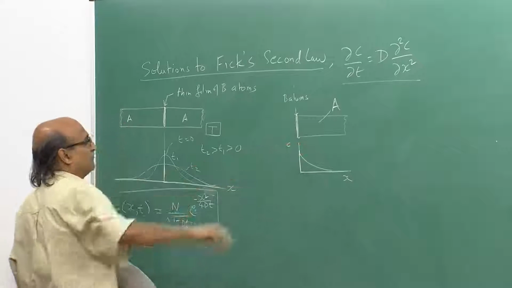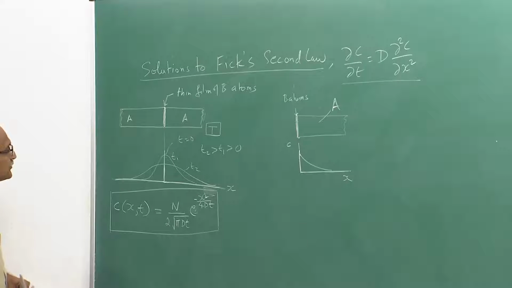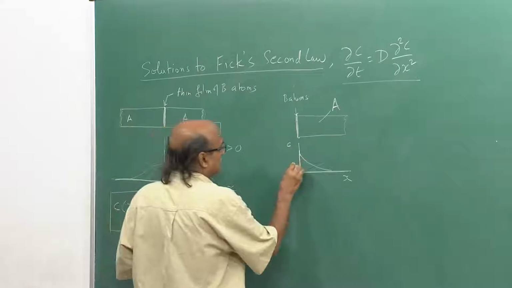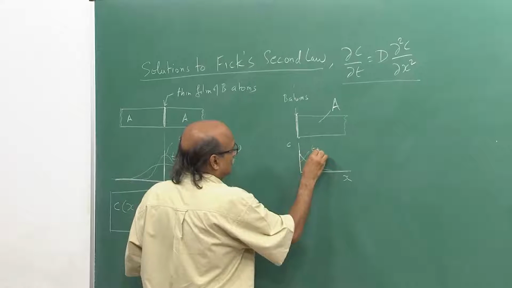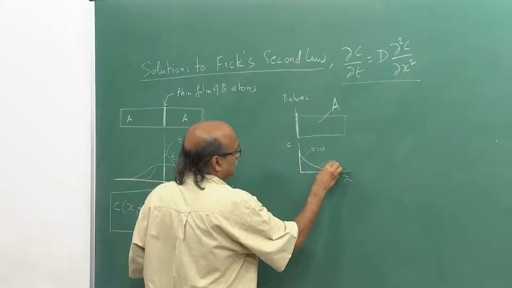Eventually it should flatten out. So, this is at t equal to 0, this is at some time t greater than 0.